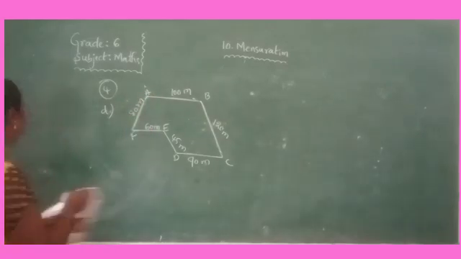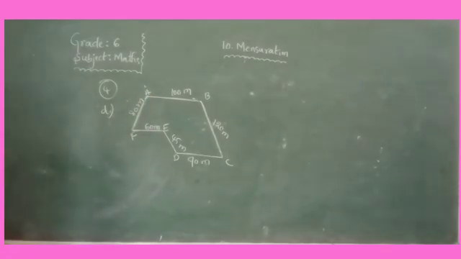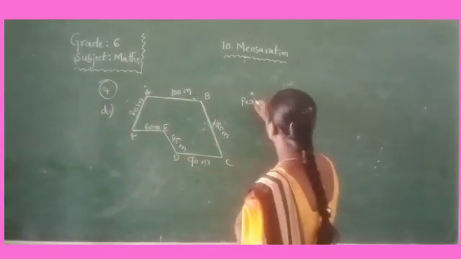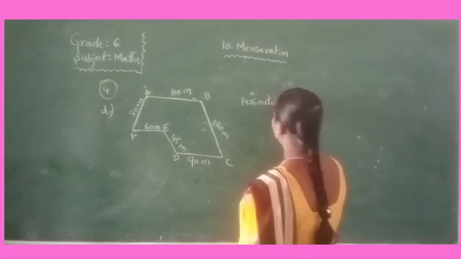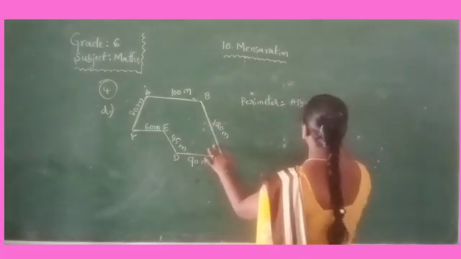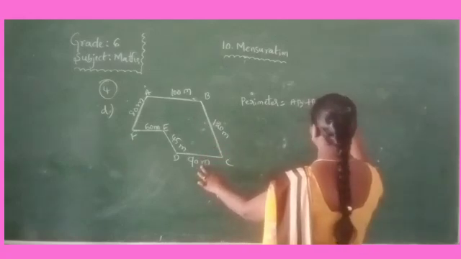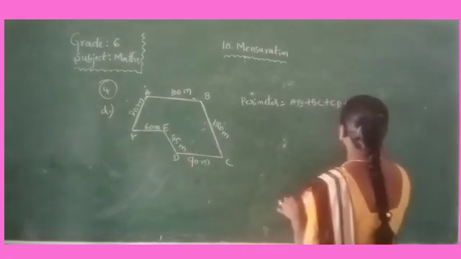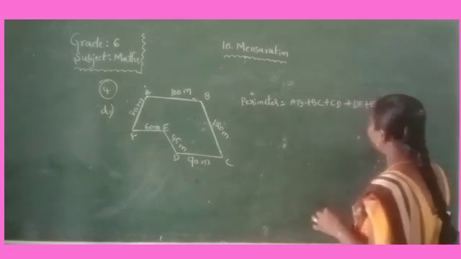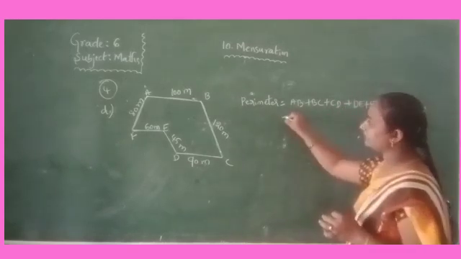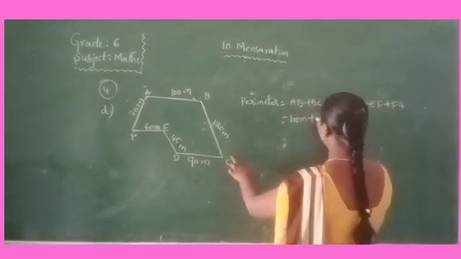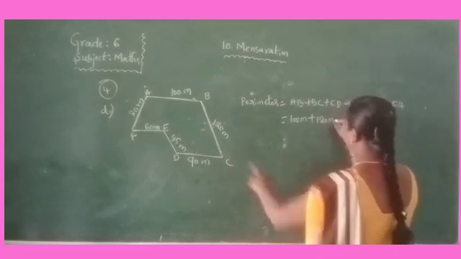Now we have to find the perimeter of this figure. Perimeter is equal to AB plus BC plus CD plus DE plus EF plus FA. What is the length of AB? 100 meters. Length of BC 120 meters.